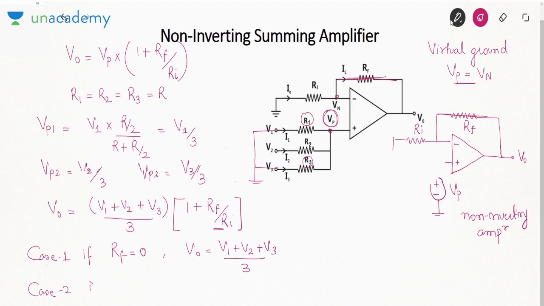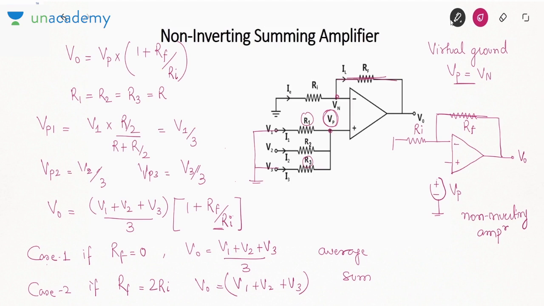Take case number 2. RF equal to 2 RI. If RF upon RI becomes 2, 1 plus 2 will be 3. 3 will get cancelled. So V0 will be V1 plus V2 plus V3. So it becomes a sum. So we can find out the sum as well as the average of the three voltages using this circuit. You can also have more voltages instead of 3, like 4 or 5.